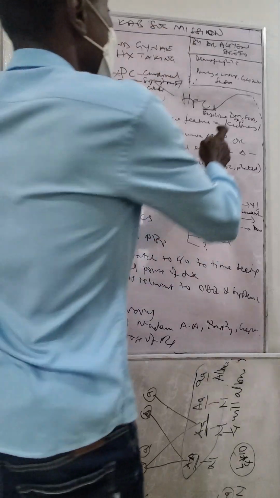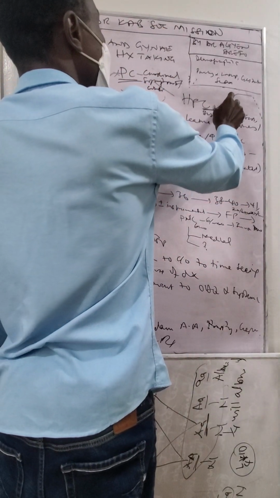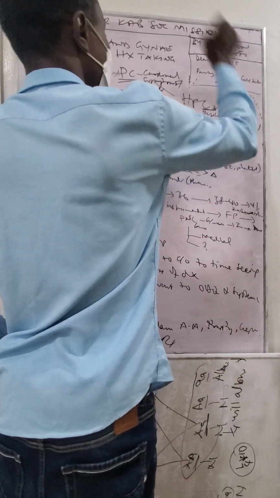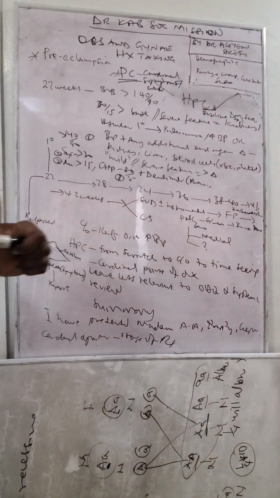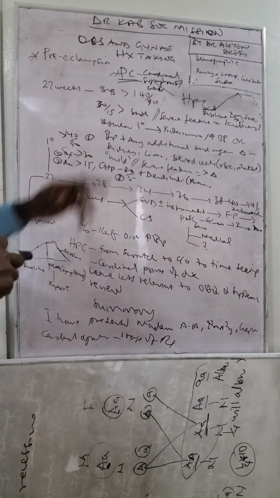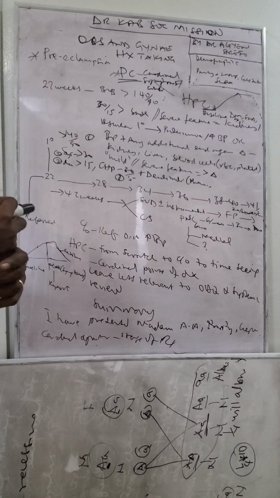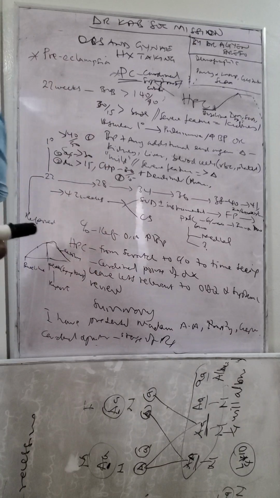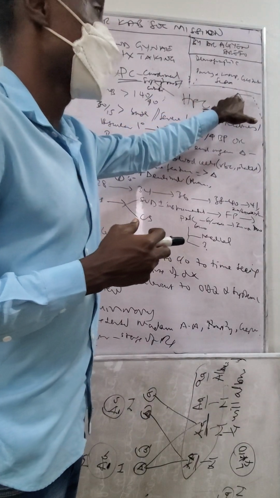Then the symptoms will go on until they hit a peak. The peak is where the patient will say, "Now I'm sick. I need to go to hospital." At that peak, that is when they come to you and visit the facility.